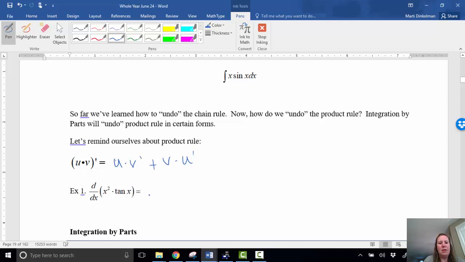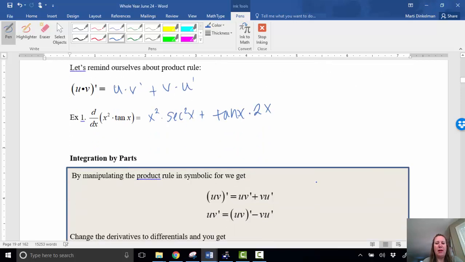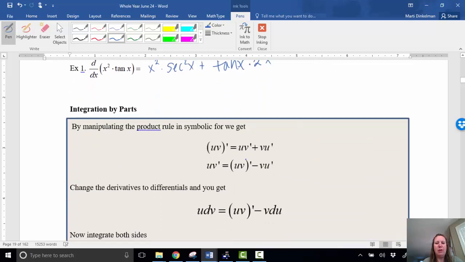As we look through that symbolically, this is what we did with uv prime: first times derivative of second plus second times derivative of first.